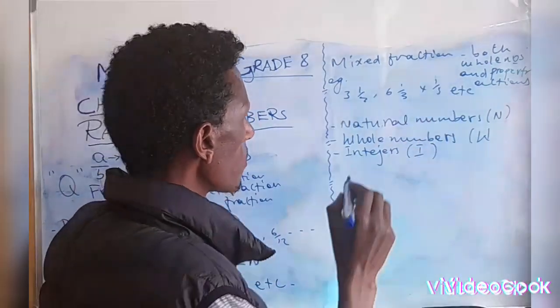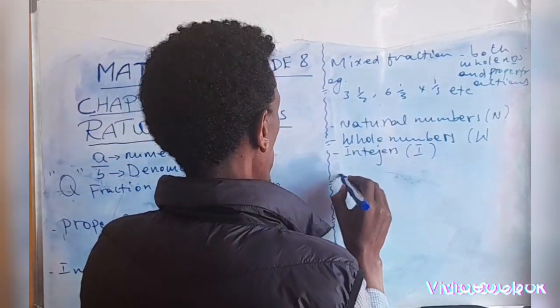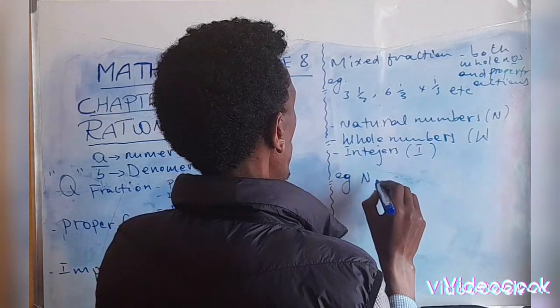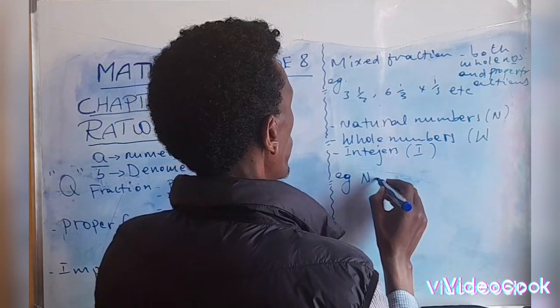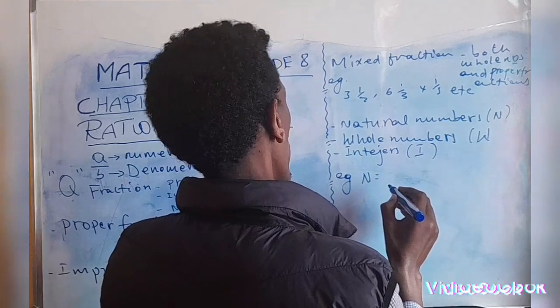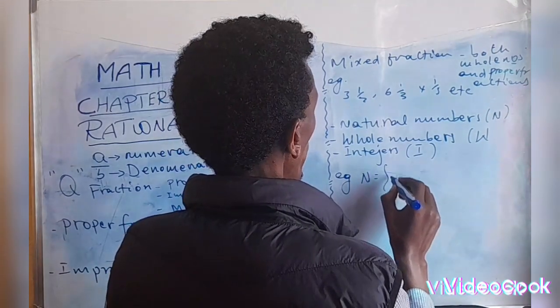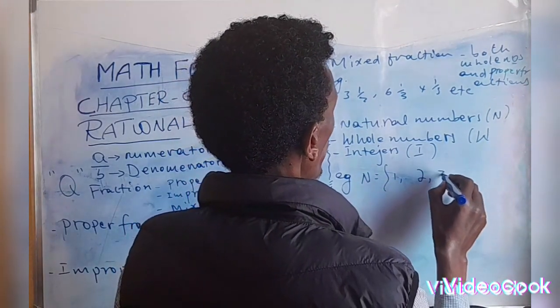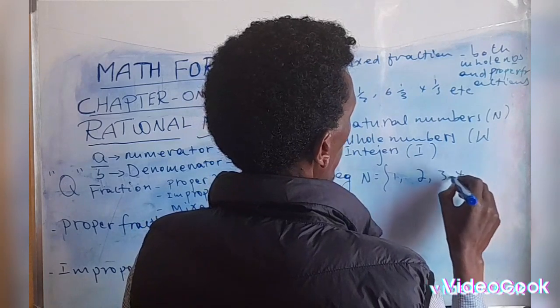For example, N, the set of natural numbers, contains the elements 1, 2, 3, 4, and so on.